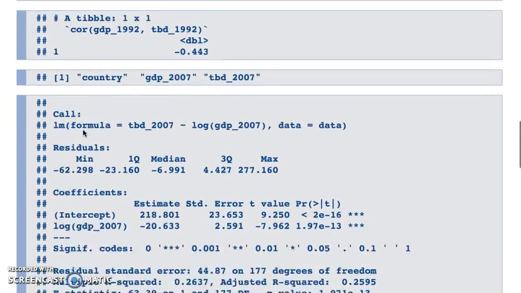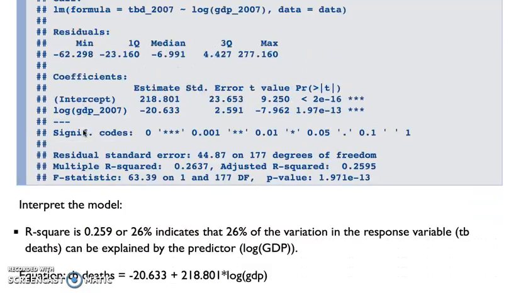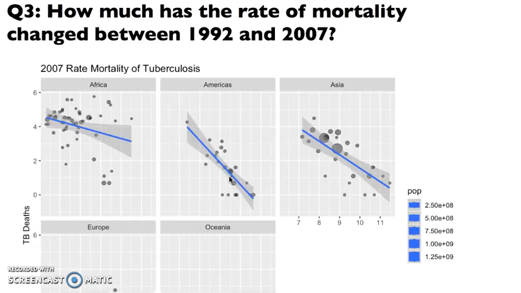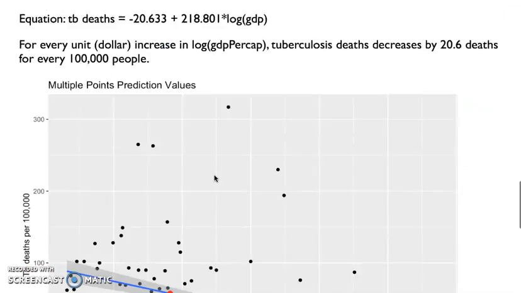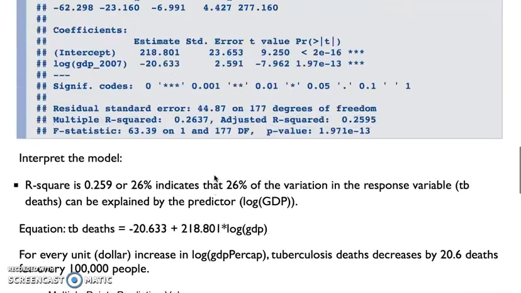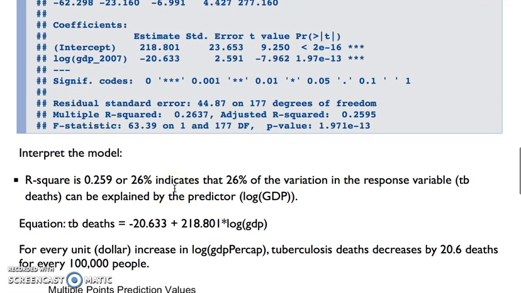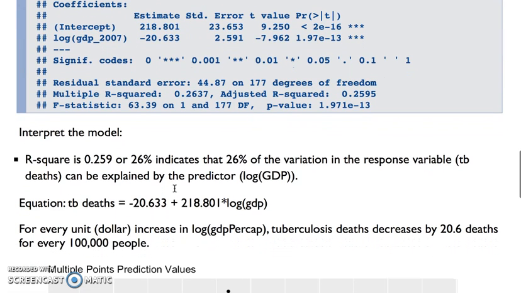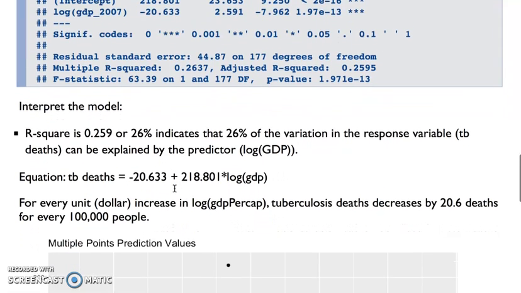We also went a step further and made a model of these lines. So for these models, we were going to calculate the slope. To do this, we found R squared, which is 26%, and this 26% is the variation in the response variable, so tuberculosis death, that can be explained by the log of GDP.